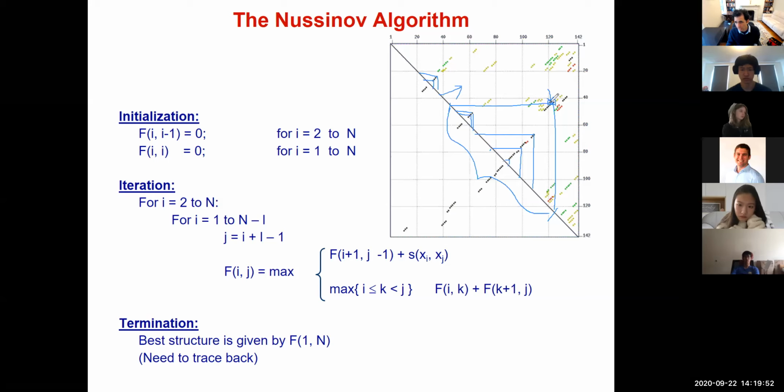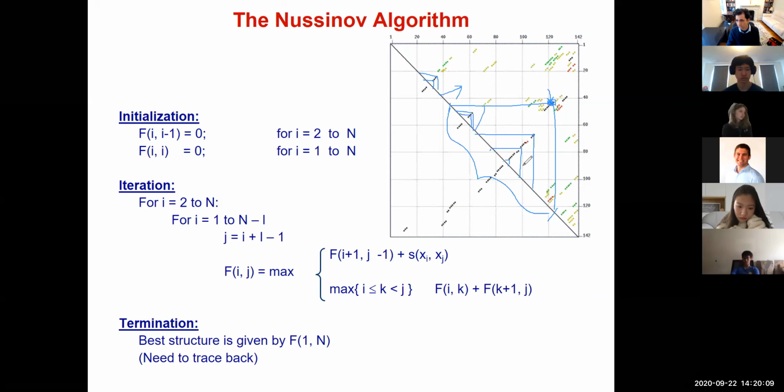As I'm building this score here, I can say that score is a function of the smaller scores that I have already computed with everything within my subsequence.